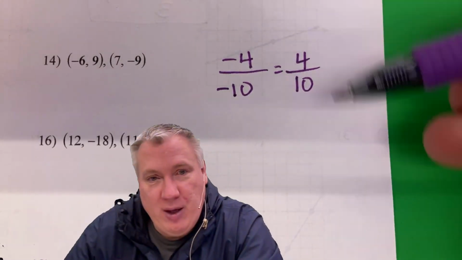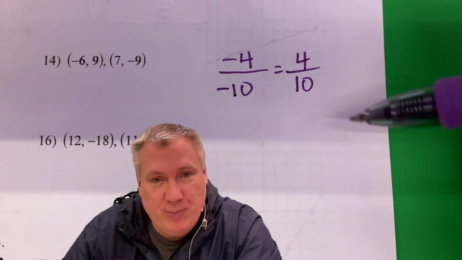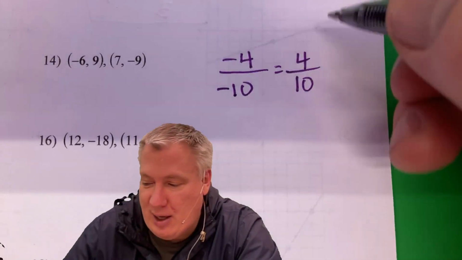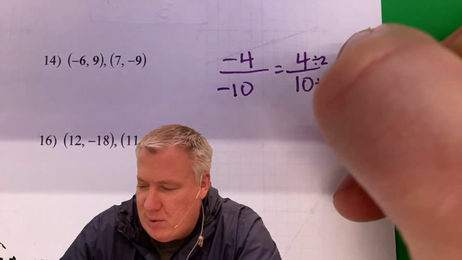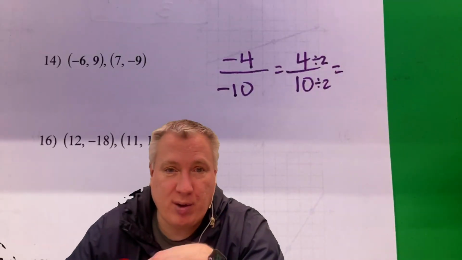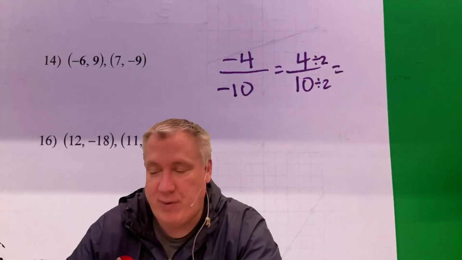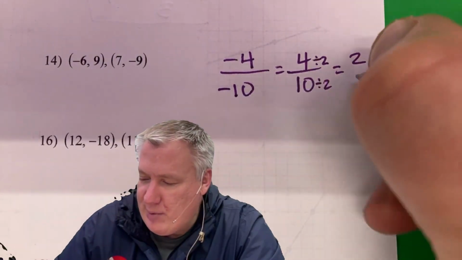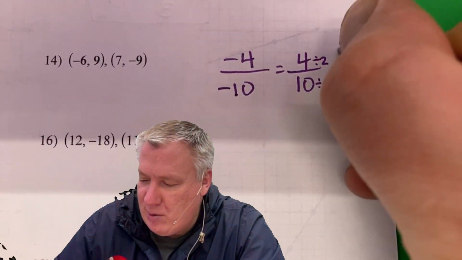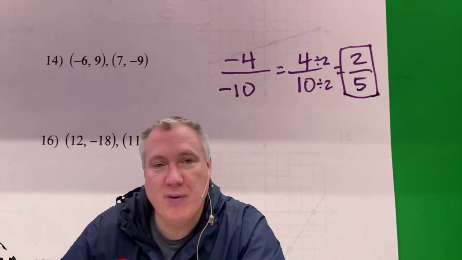So these are both even numbers, so that means 2 goes into both of them. So you just divide the top by 2 and the bottom by 2, which if you do the top and the bottom by the same number, you aren't changing the overall value. So 4 divided by 2 is 2, and 10 divided by 2 is 5. And this would be the simplified version of that slope.